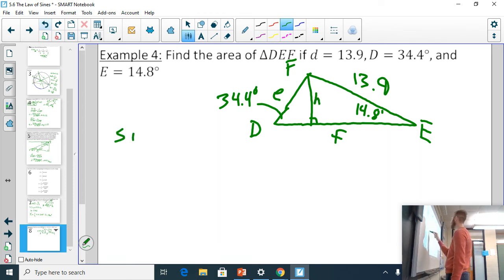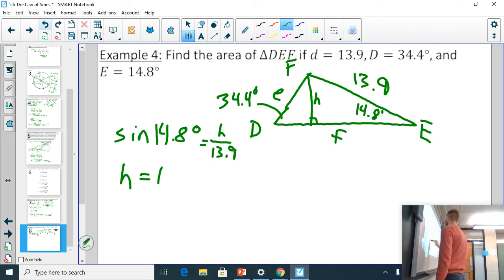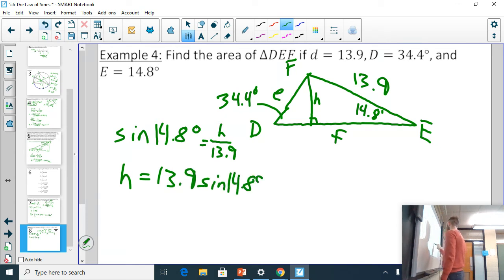So if we use sine, and then I'm looking at angle E of 14.8 degrees, then that is opposite, which is h, over hypotenuse, which is 13.9. Multiply that over and we get h equals 13.9 times the sine of 14.8 degrees.